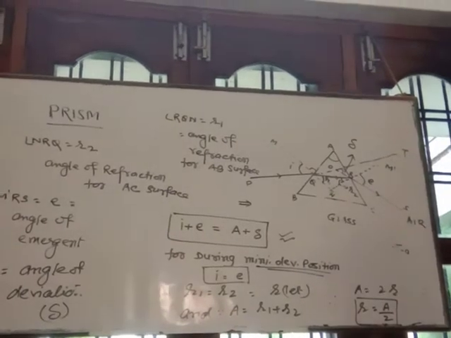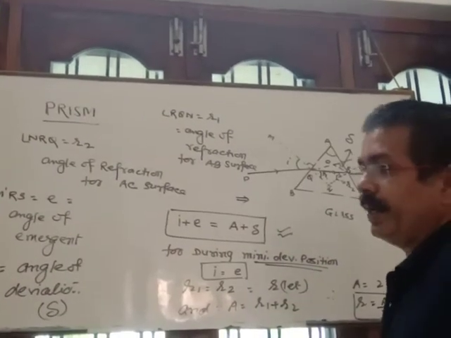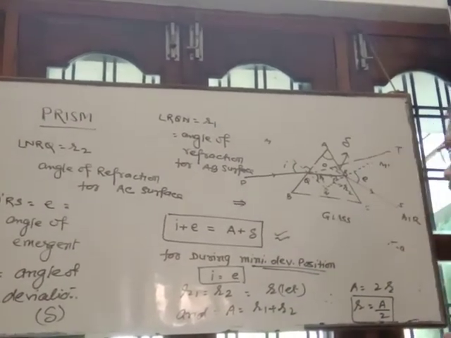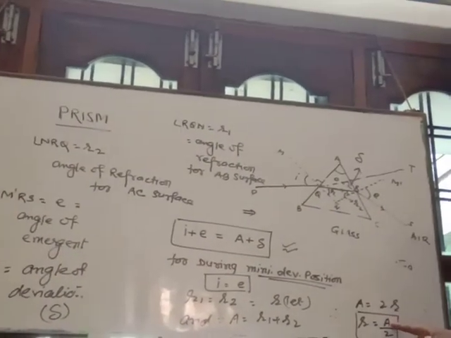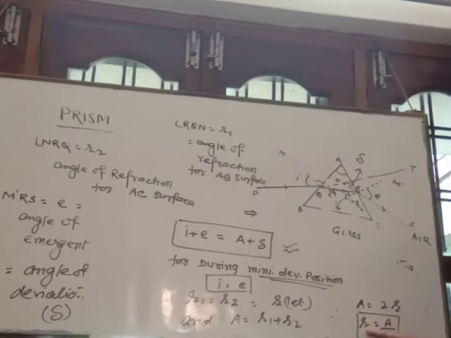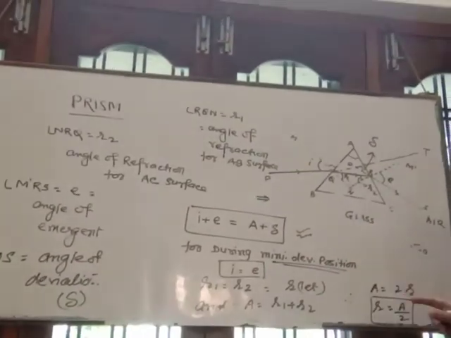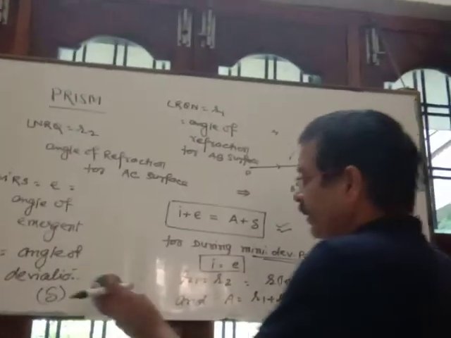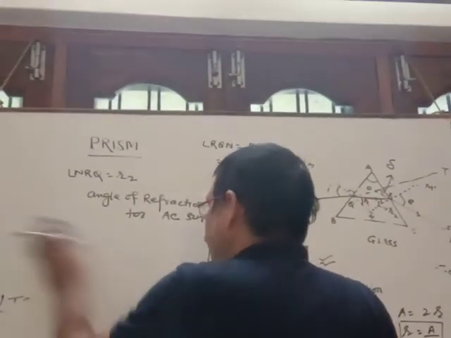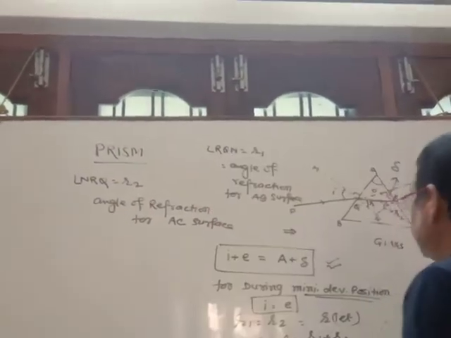Sometimes the question comes: during minimum deviation position for an equilateral triangle, what will be the angle of refraction? As you know, the angle of prism is 60 degree, so the angle of refraction becomes 60 upon 2, that is 30 degree.